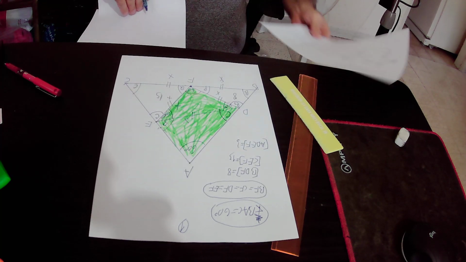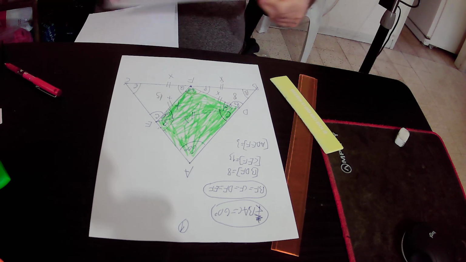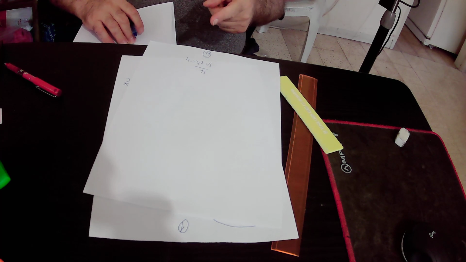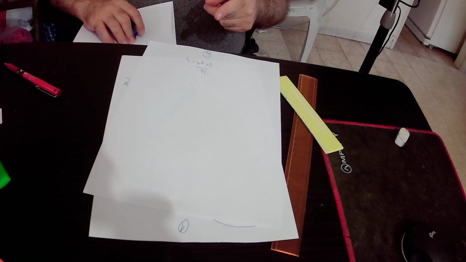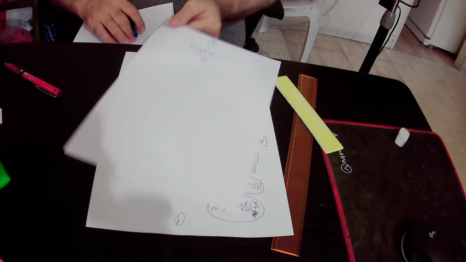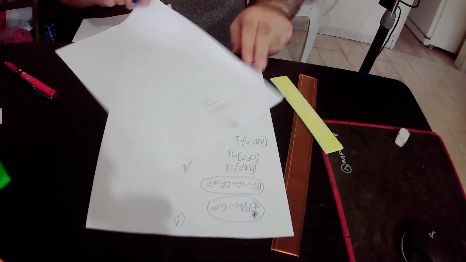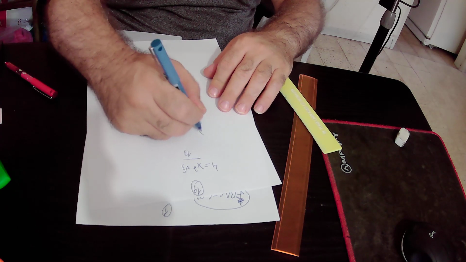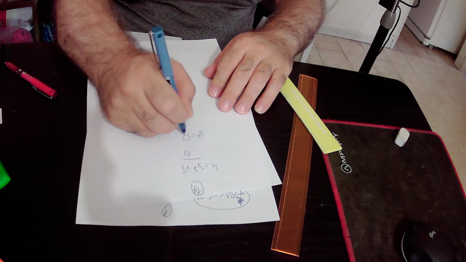So here we will multiply this equality by 13, and then we will divide it by root 3. 13 times 4 is 52, and then we will divide it by root 3, so x squared will be equal to 52 over root 3.